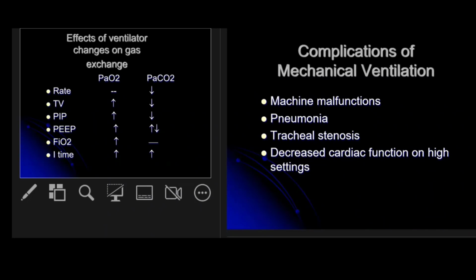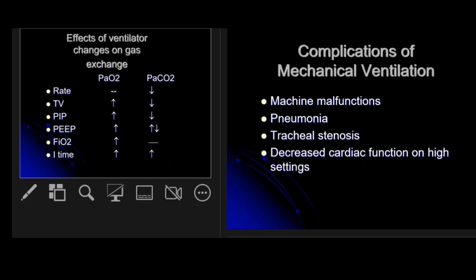Okay, more equations. So mean airway pressure is equal to the I time times the PIP plus the E time times the PEEP, divided by the I time plus the E time.